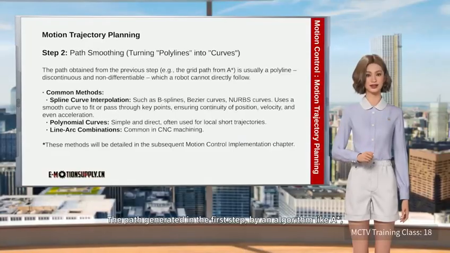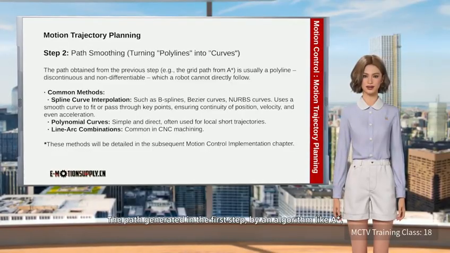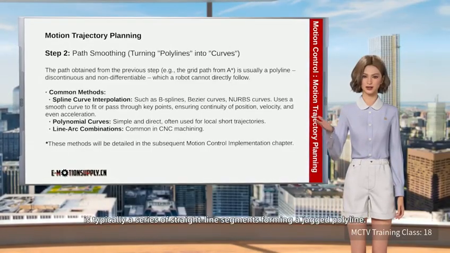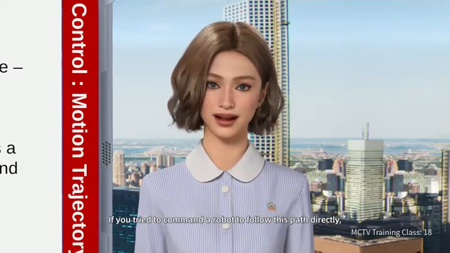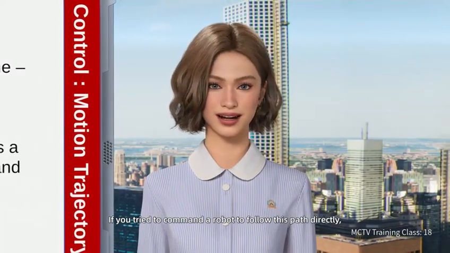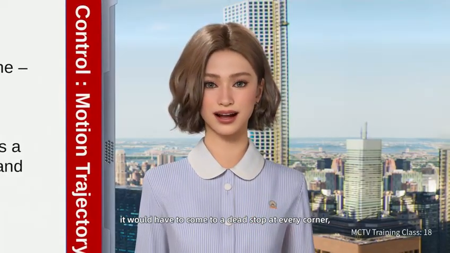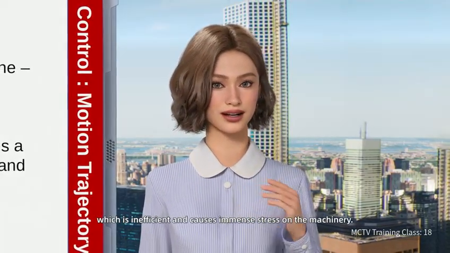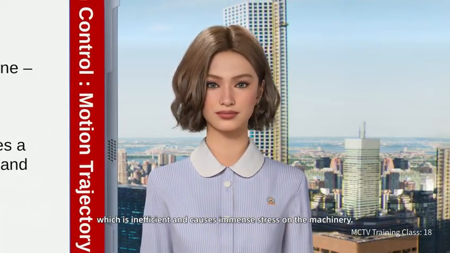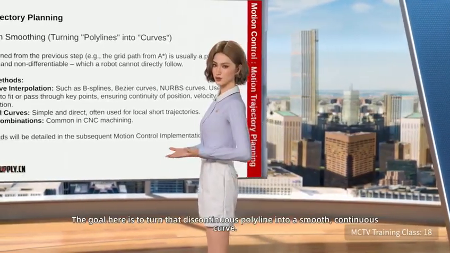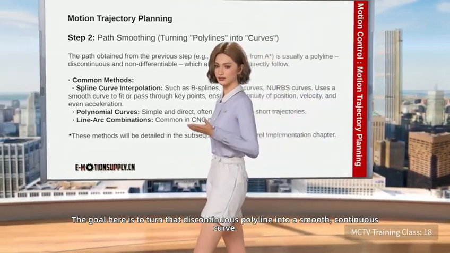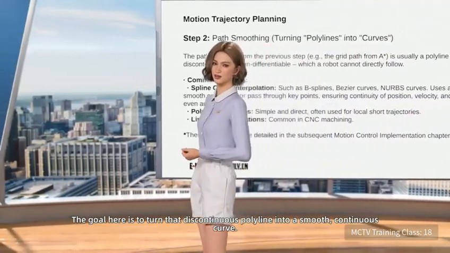The path generated in the first step, by an algorithm like A*, is typically a series of straight-line segments forming a jagged polyline. If you tried to command a robot to follow this path directly, it would have to come to a dead stop at every corner, which is inefficient and causes immense stress on the machinery. So, our second step is path smoothing. The goal here is to turn that discontinuous polyline into a smooth, continuous curve.